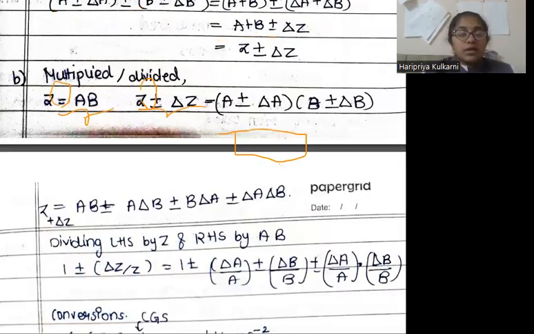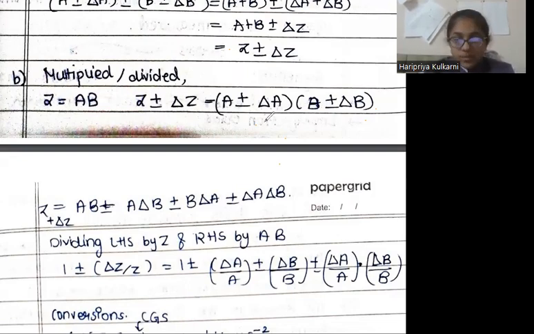How to multiply or divide? If Z is equal to AB, then Z plus delta Z would be the multiplication of A plus or minus delta A, the measured value and error during the first measurement, and B plus or minus delta B, the measurement and error during the second measurement.